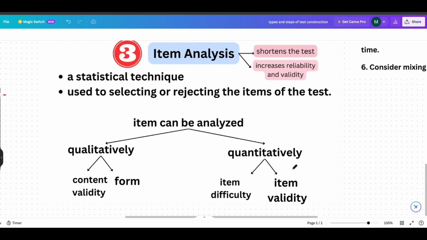Item analysis is needed to shorten the test, make the test very compact, but also ensure it is testing everything which we want to measure, and with it we can increase reliability and validity. Now item analysis is a statistical technique. Simply put, it is used to select and reject the items of the test.